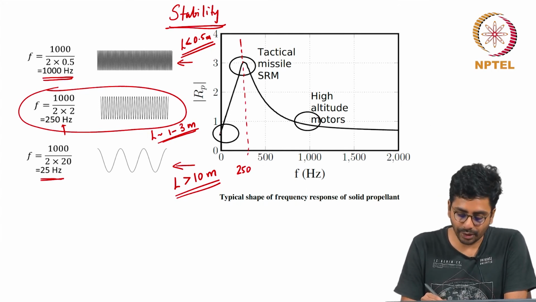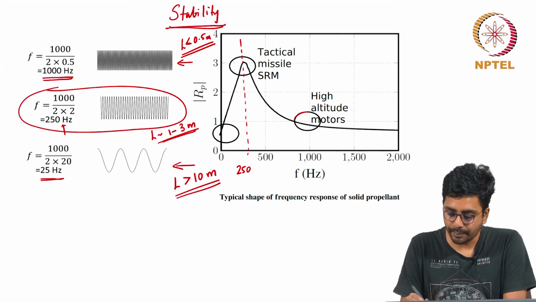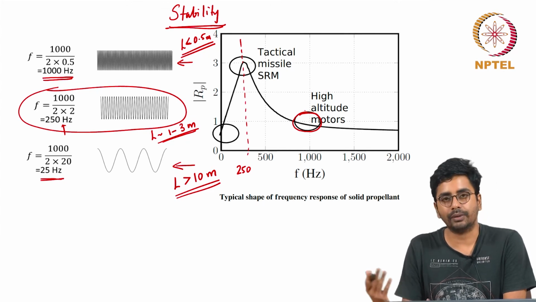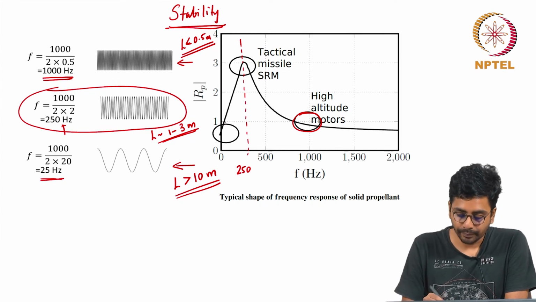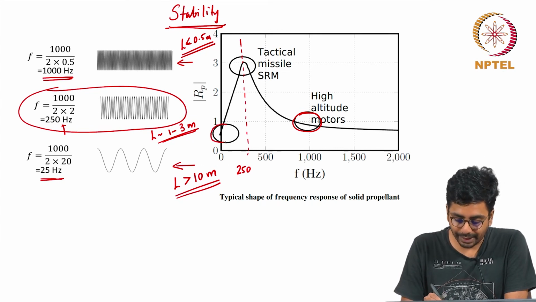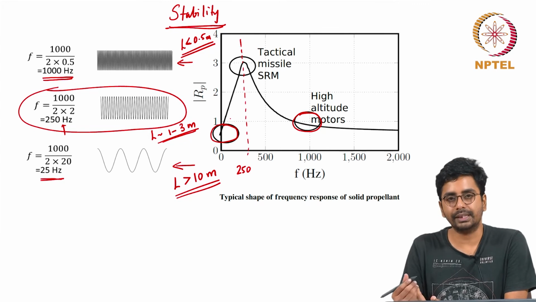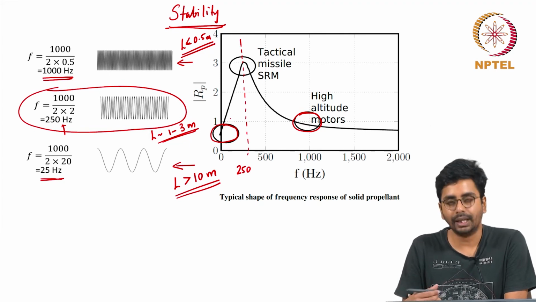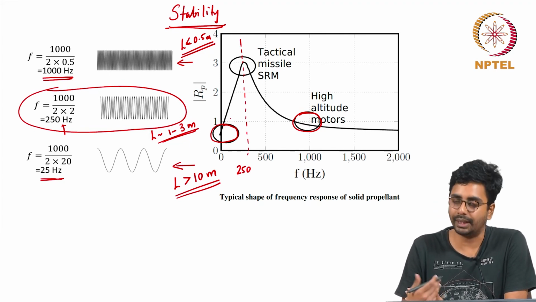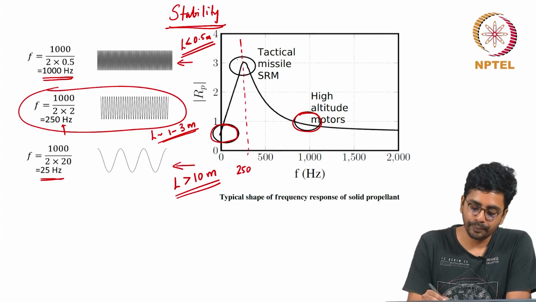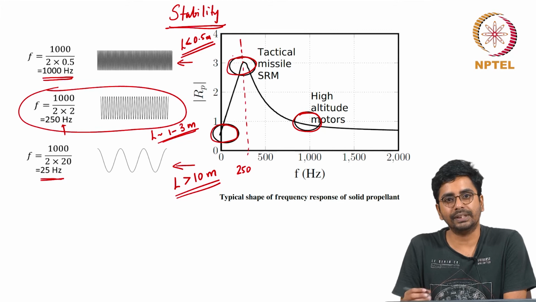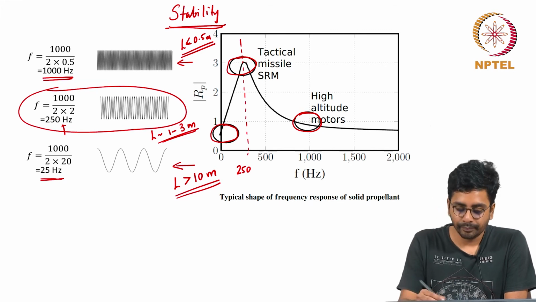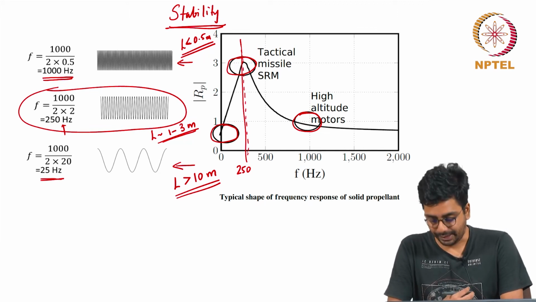If you have very short motors, your frequencies are very high, you are far to the right, your response function is lower and therefore there is no instability. If you go towards the left, which is very long motors, the fundamental frequencies are very low, again the response function is very small and therefore there is no instability. But tactical solid rocket motors are in the instability sweet spot where the peak response and the frequency match.